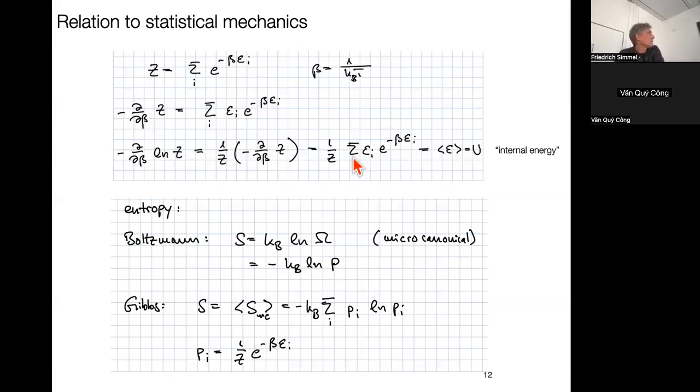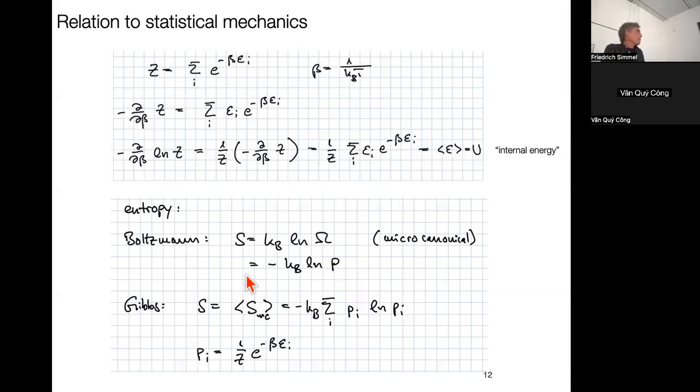That means this expression is the mean value of the energy, because this is the normalization constant of this distribution. Therefore you can relate the internal energy to the mean energy, and this is given by the derivative of the ln of the partition function.